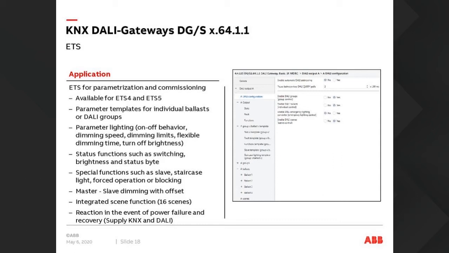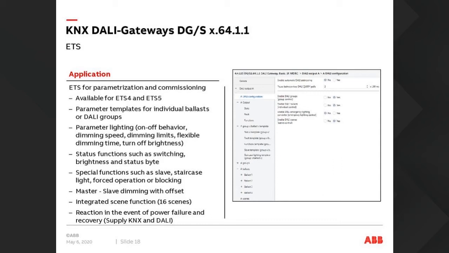So the handiness of this is that it speeds up programming and commissioning for the installer. We can define these templates, and if we're in a big open plan office, all of our groups can be controlled the same way. We can set one template, and that's all our groups set up. So up to 16 groups, it's saving us time. So you can see what we can do here.